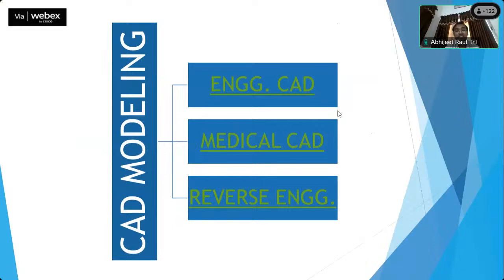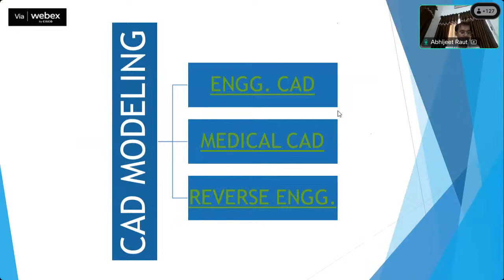We are going to discuss them in detail. These are industrial and engineering applications. But for the medical field, on which we are more focusing in this particular FDP, the medical CAD, we can say biomedical, various tools are there.